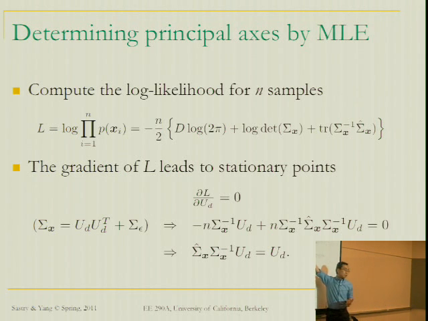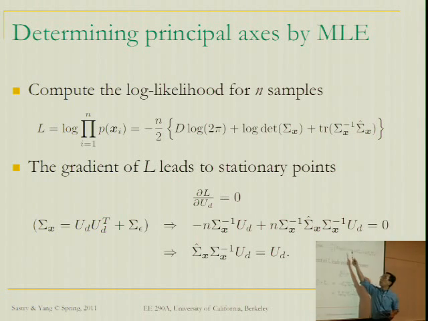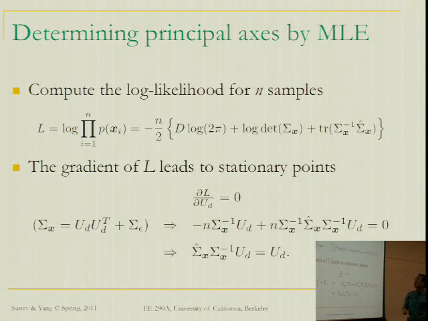This one is easy to understand, right? And this one is also easy to understand, because the minus is over here. So it's 1 over 2 pi to the power of n divided by 2. And this is the determinant of the covariance matrix. What is this guy?